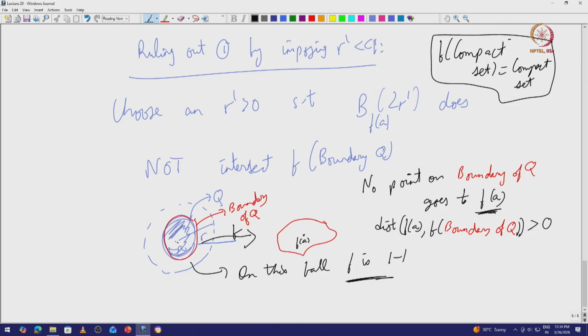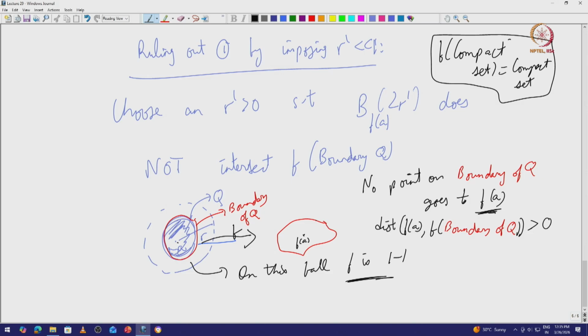So for example, what is a compact set for us? Compact set is one where every sequence has a convergent subsequence. So if you have a sequence xn, and if it has a convergent subsequence, f of xn must have a convergent subsequence. Why? Because xn has a convergent subsequence, right? F of that convergent subsequence is some subsequence of f of xn.